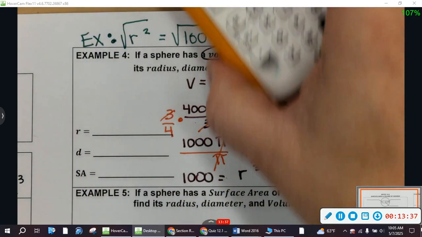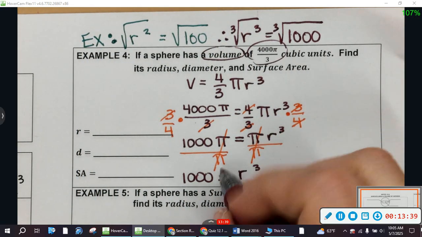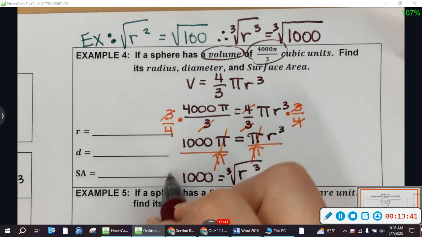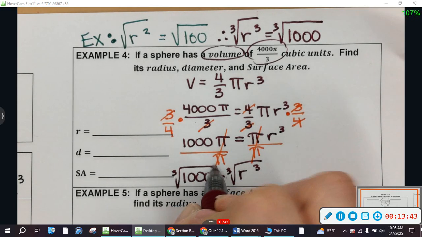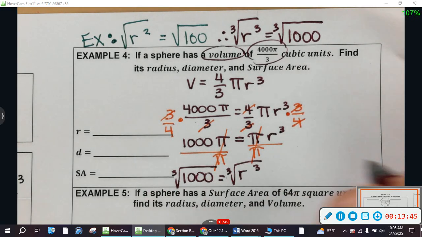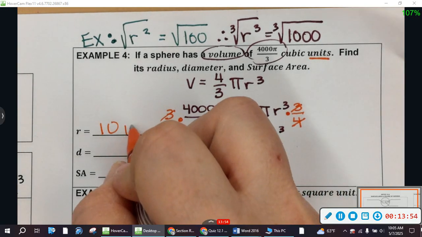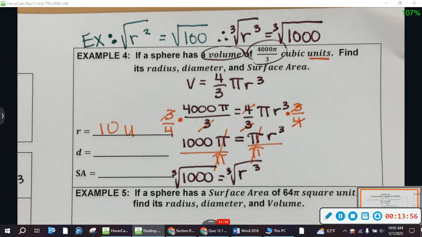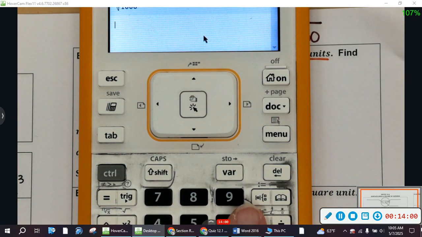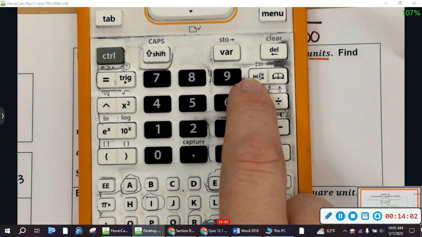So we end up with the cube root of 1,000 is 10. And our units are just U for units. Now, I told you earlier there was that additional button right here with the squares.